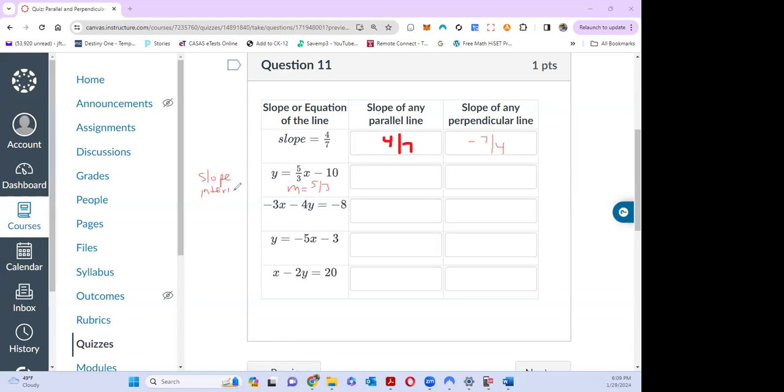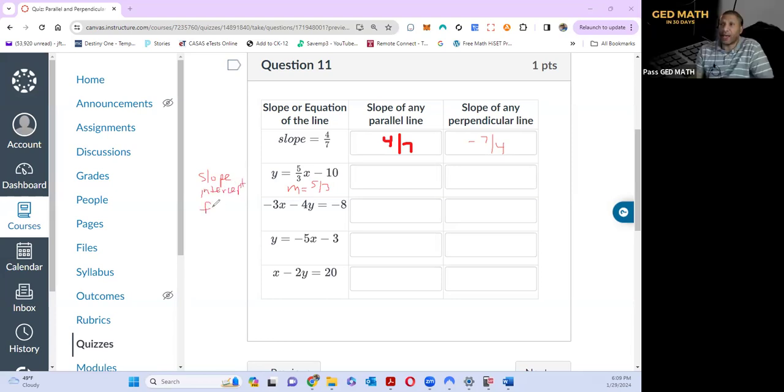That's the first thing you got to do. So you're doing a couple things. The first thing, I just got the slope. I can figure out the parallel. I can figure out the perpendicular. Next, you got to be able to identify slope intercept form and know y equals mx plus b, where m is your slope and b is your y-intercept.